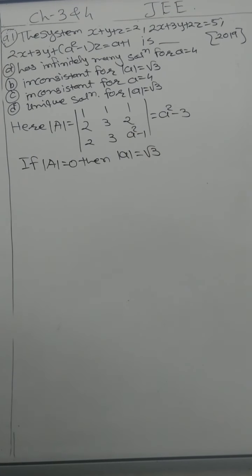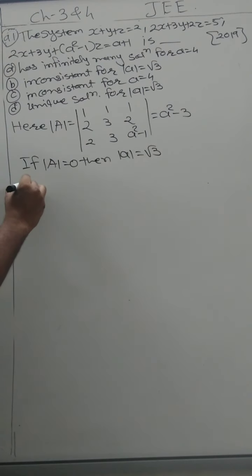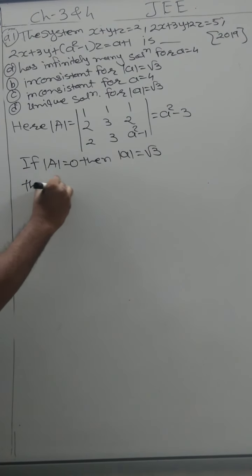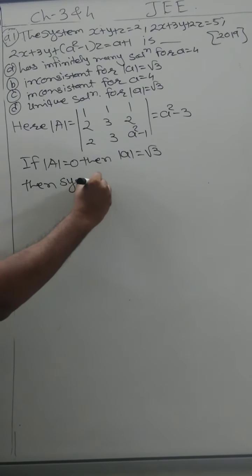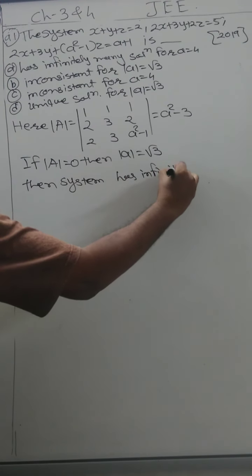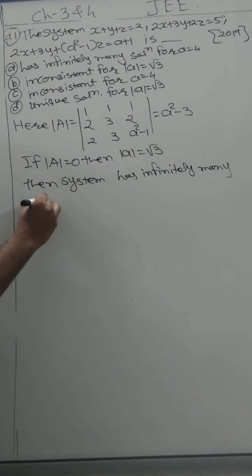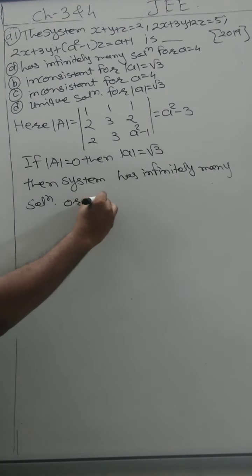Therefore, we can say that at determinant of a equal to 0, the system has infinitely many solutions or no solution.